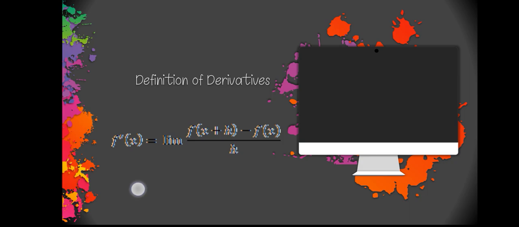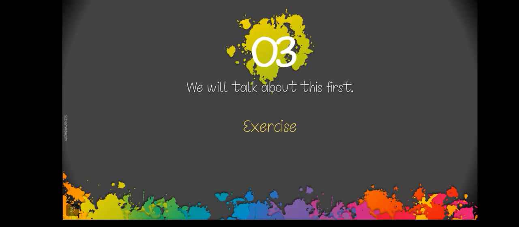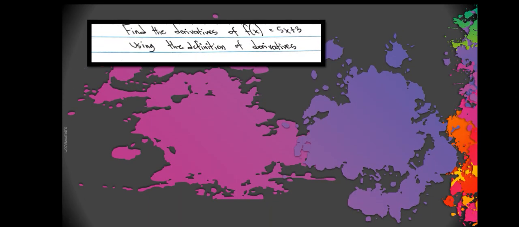So, now, let's go to our exercise. For the example of this topic, dito, we need to find the derivative of f of x is equal to 5x plus 3 using the definition of the derivative, or yung formula na pinakita kanina.